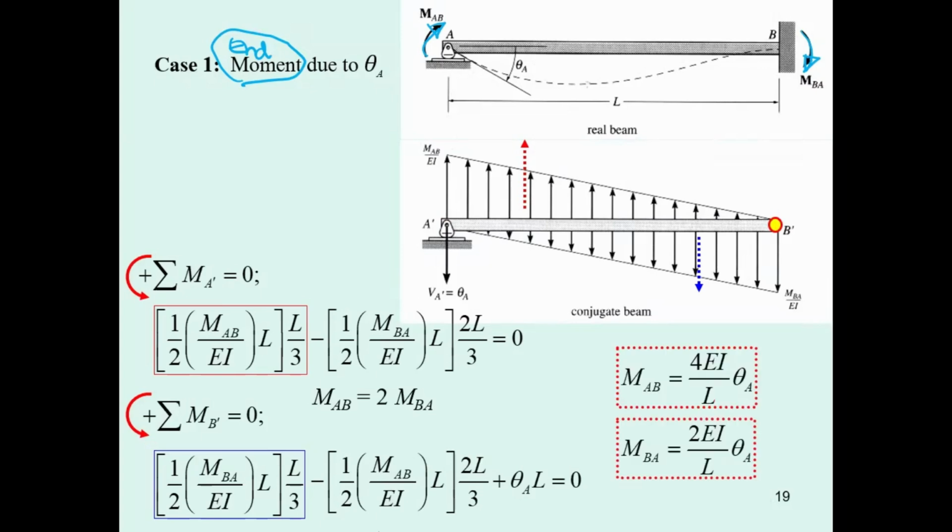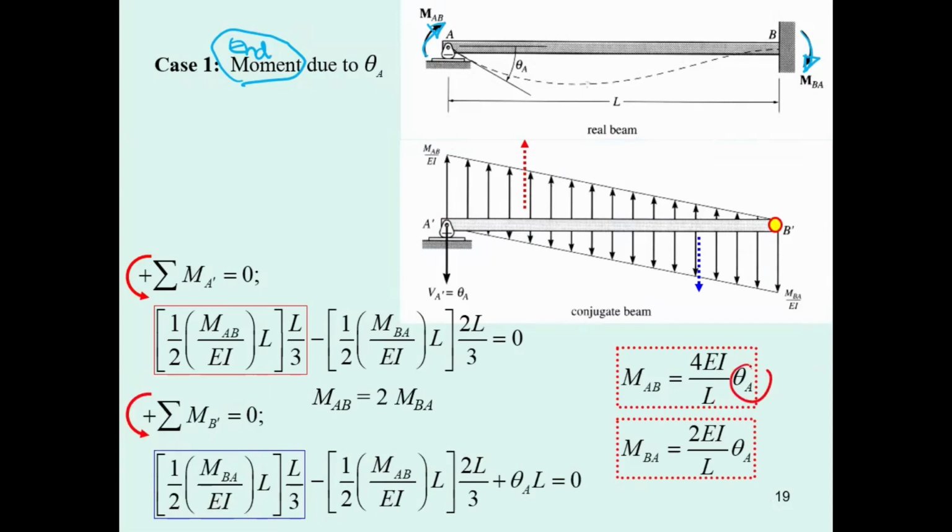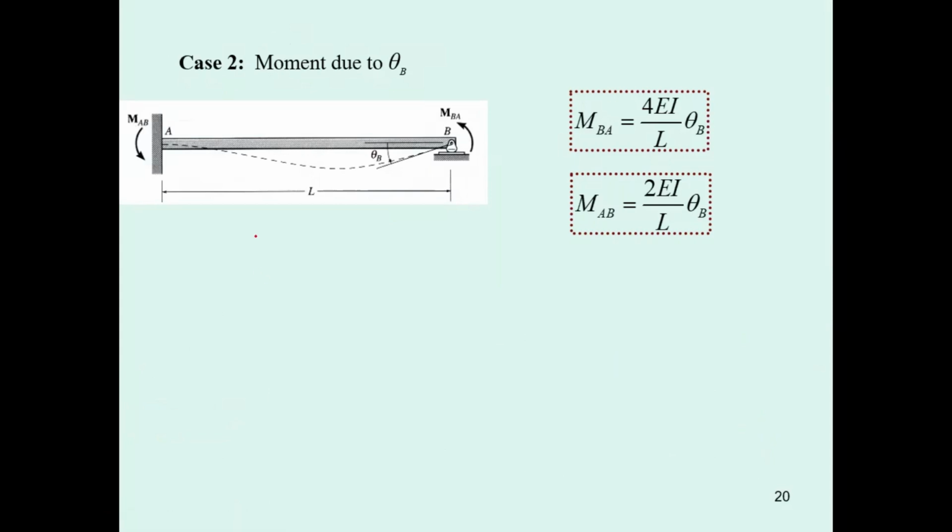What we have is going to be the equation for m sub ab, and also the equation for m sub ba, for theta sub a. Second case, you consider theta sub b.